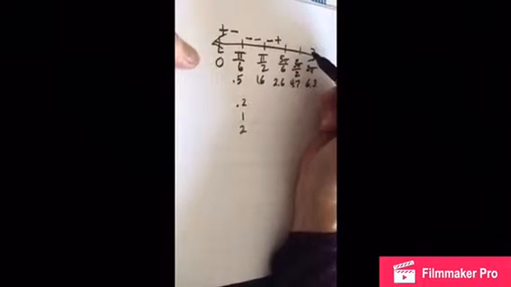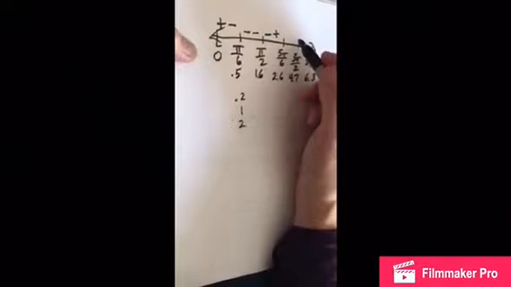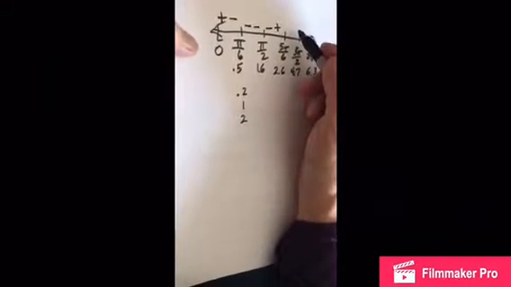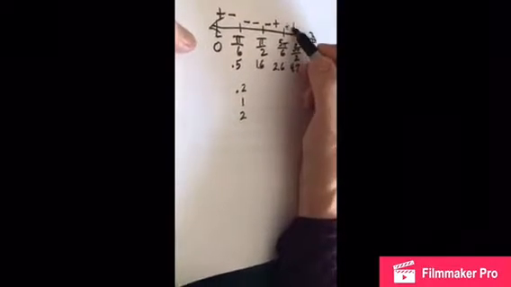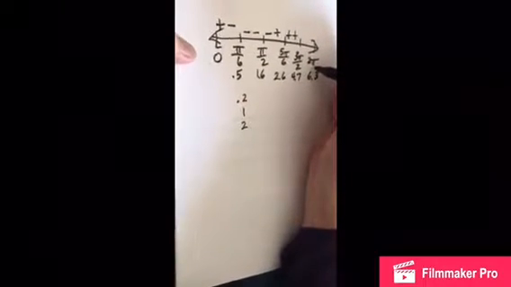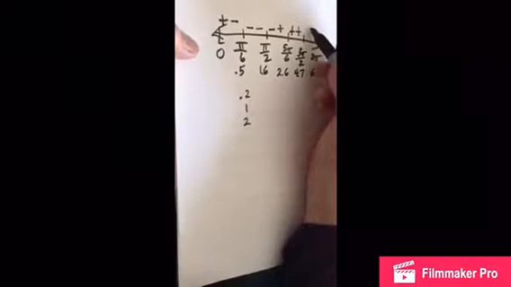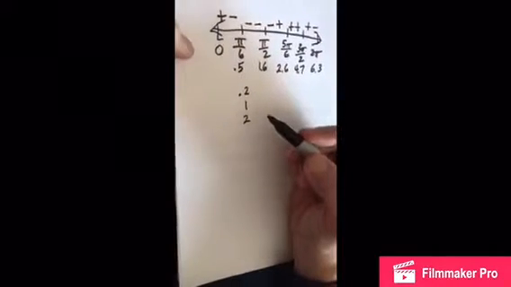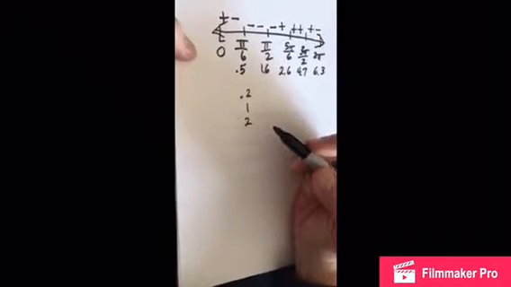From 5 pi over 6 to 3 pi over 2, we know it's going to be increasing and concave up. And then finally, from 3 pi over 2 to 2 pi, we know it's increasing and concave down. That's just coming straight off of our number lines for each one.